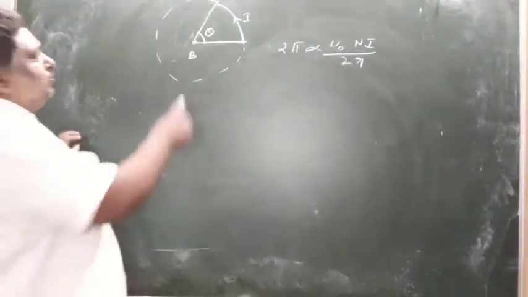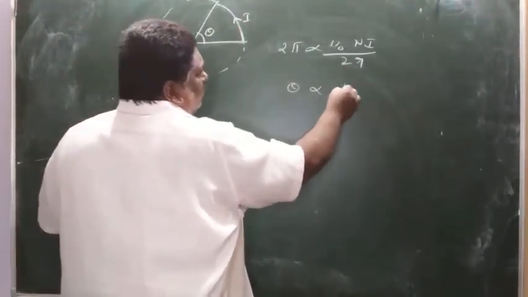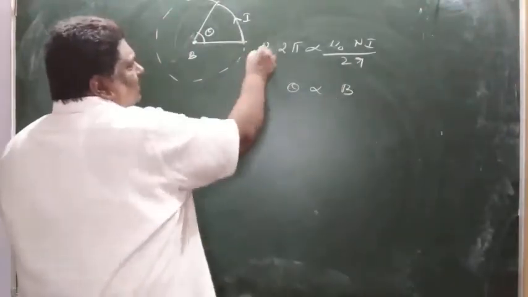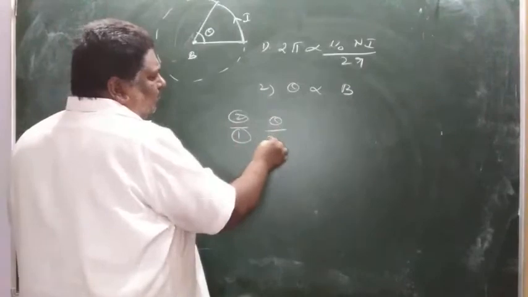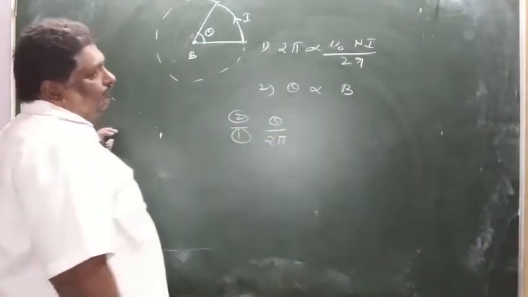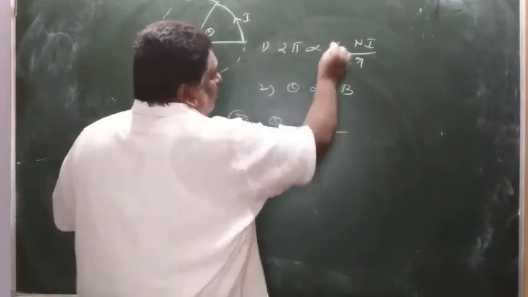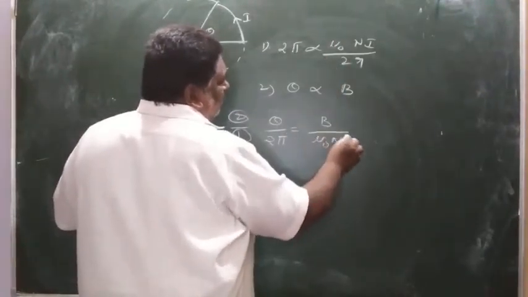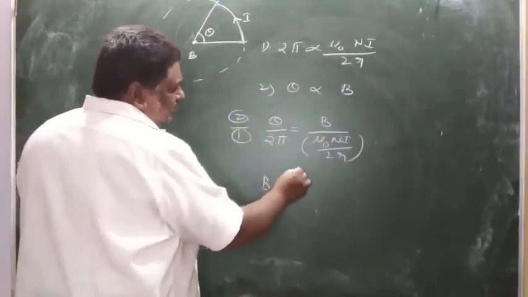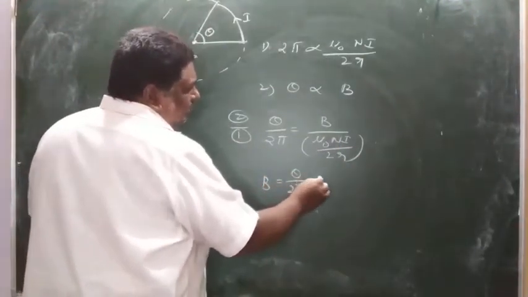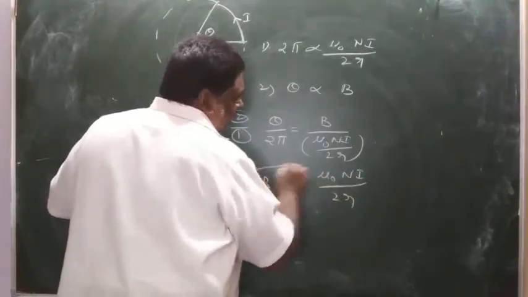But due to this theta angular arc, theta is proportional to some B. Equation 2 divided by 1 gives theta by 2 pi equals B by mu naught N i by 2r. On cross multiplication, B is equal to theta by 2 pi into mu naught N i by 2r.